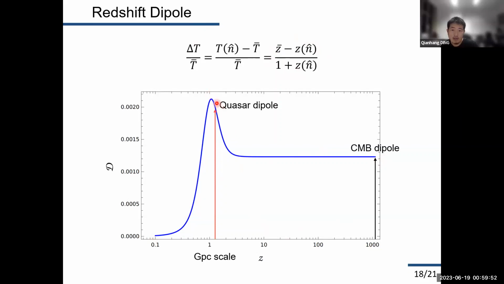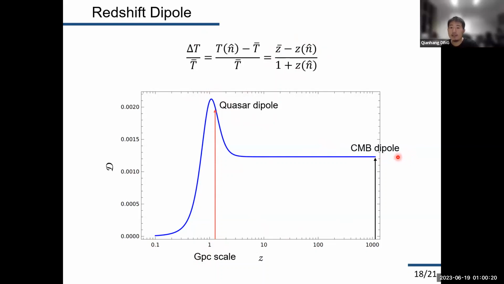Then we find there is a peak dipole amplitude on the boundary of the void. And if such a void boundary, or such a peak, appears around the redshift of the quasars, this amplitude peak can explain the dipole tension between the quasar dipole and the CMB dipole.